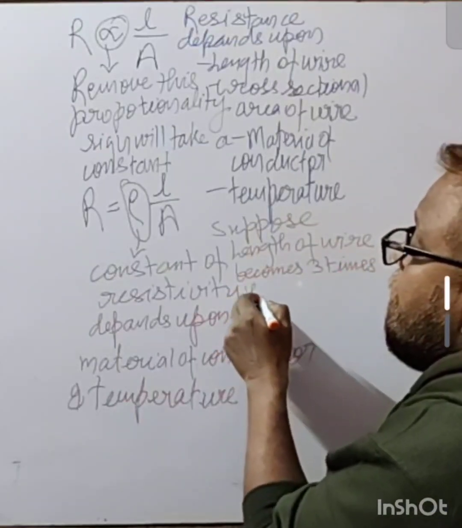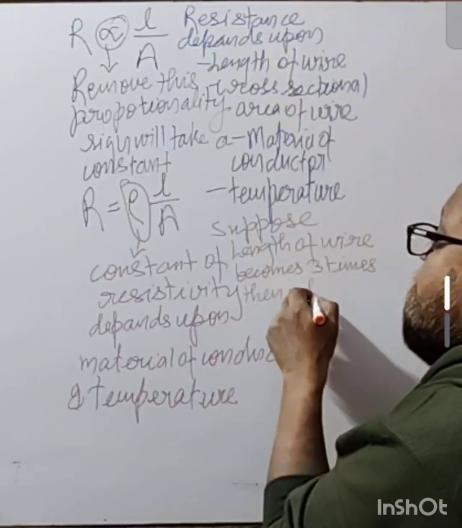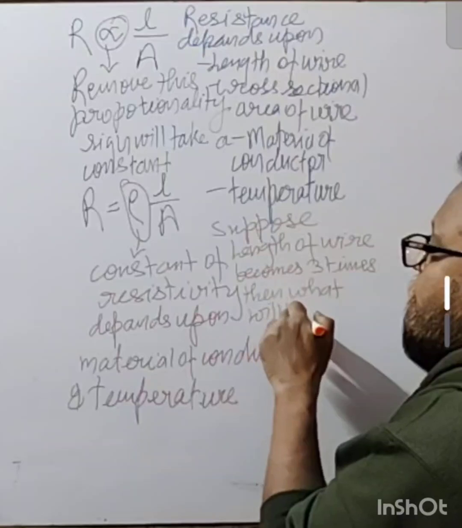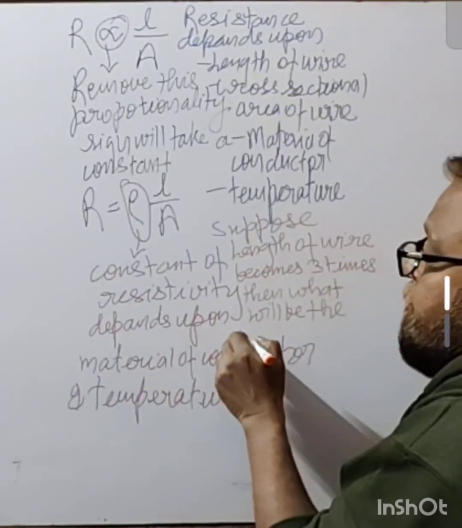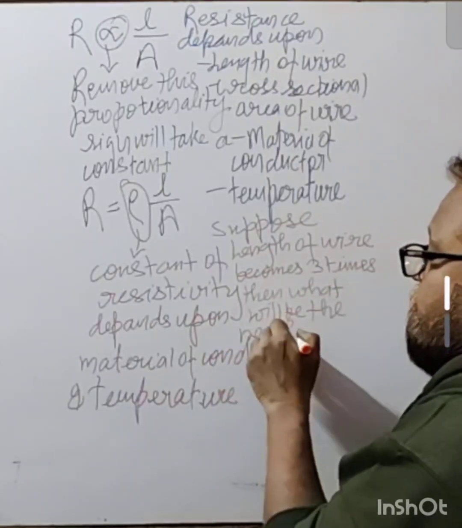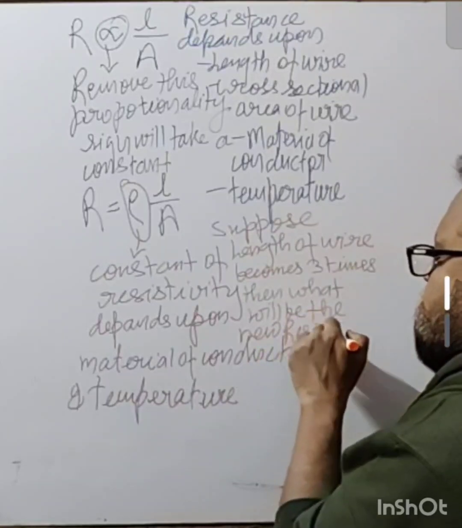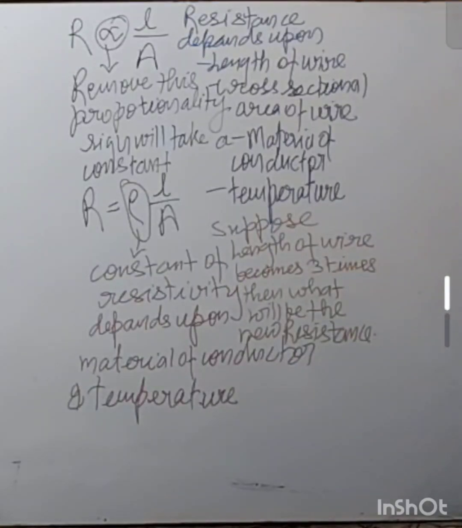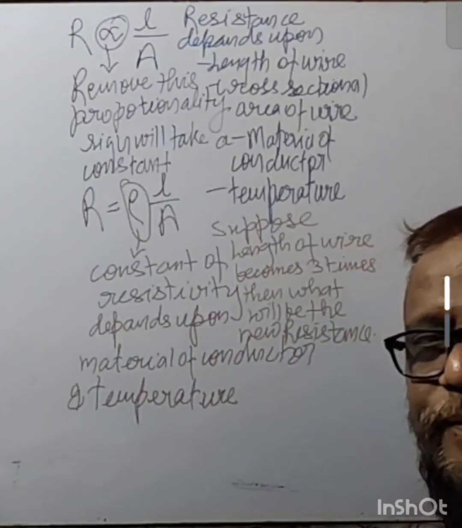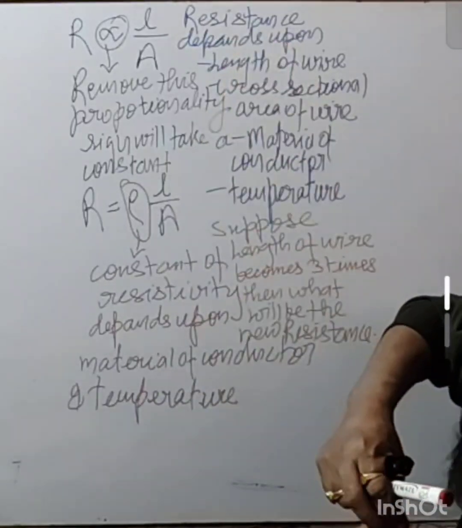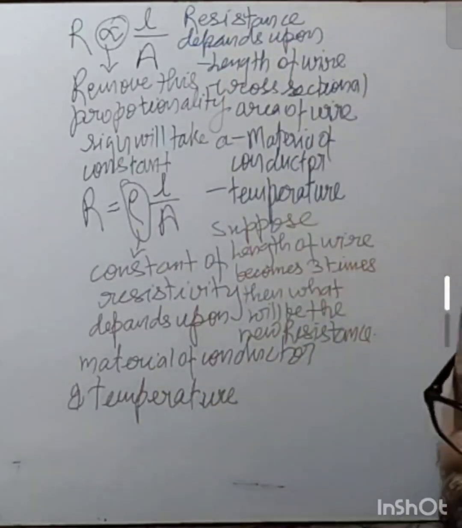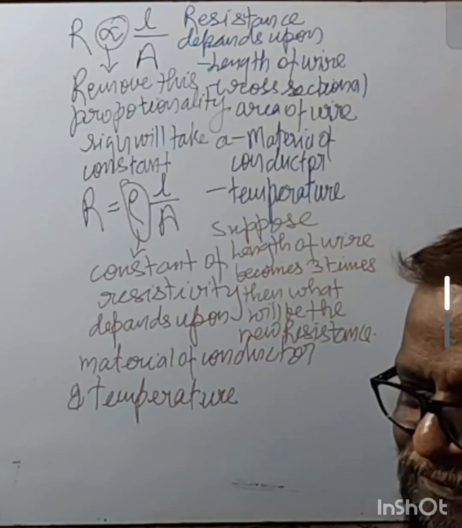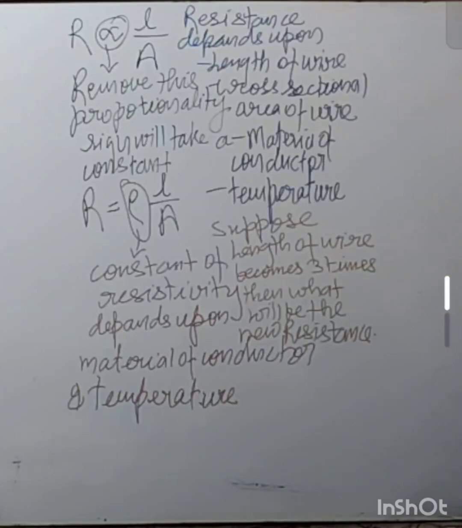Then what will be the new resistance? Can you tell me? The length of the wire increased 3 times, right? So what will be the new resistance?